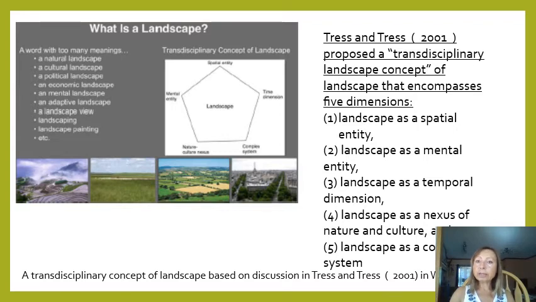Tress and Tress propose a transdisciplinary landscape concept, suggesting that a landscape encompasses 5 different dimensions that are relevant for all landscapes. First of all, a landscape is a spatial entity. It is also associated with place and space.